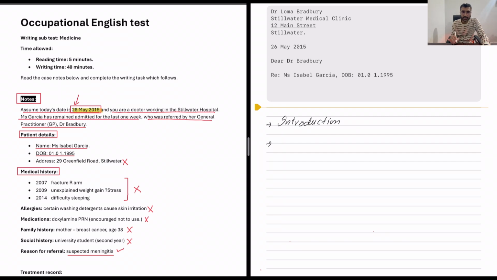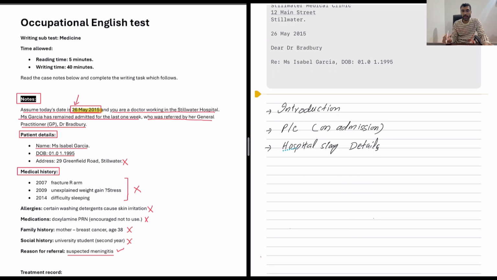Here the patient was admitted to the hospital, so the presenting complaint on admission. Then the hospital stay details, which include nursing management as well.